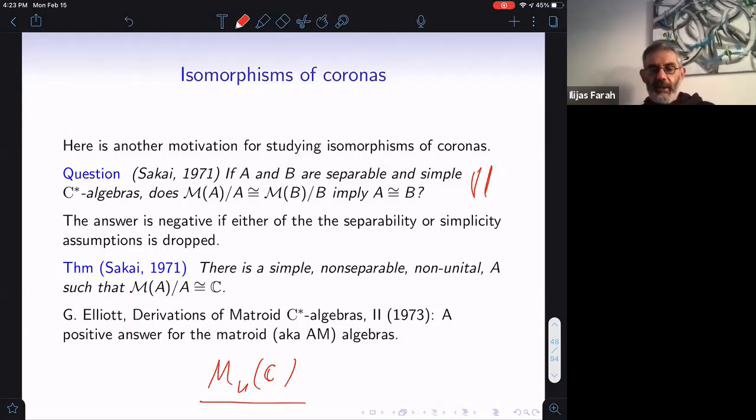We started the forcing axiom part, and we'll see there is another conjecture that under forcing axioms, the isomorphisms between coronas of separable C*-algebras do have topologically trivial liftings, and we know much more about that. So we'll start working on that next time. Okay, any questions?